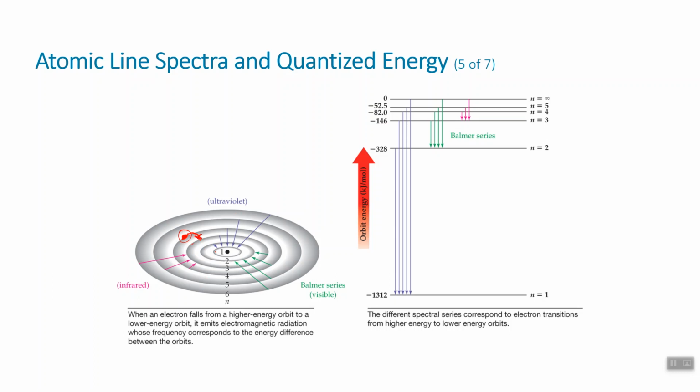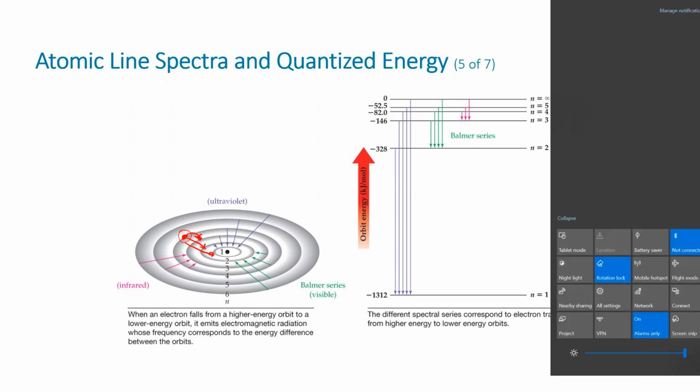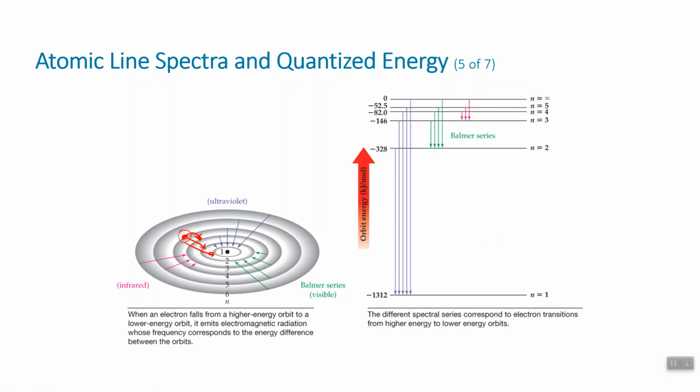It could jump down to 3, it could jump down to 2, or it can jump down to 1. As you can see here, I have my 4 able to go down to 2, able to go down to 3, and over here able to go down to 1. And each of those jumps is associated with a different energy.